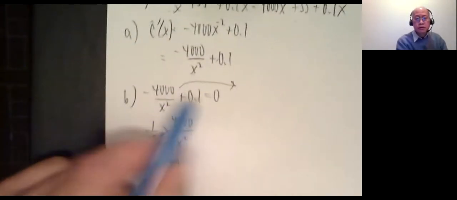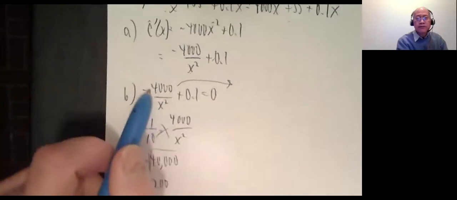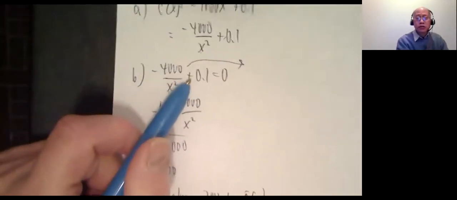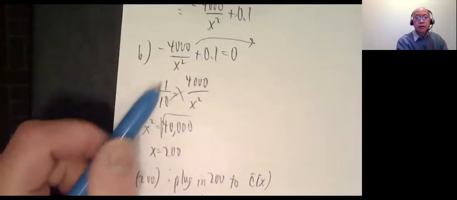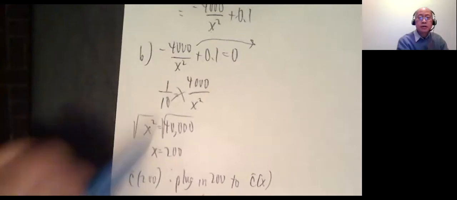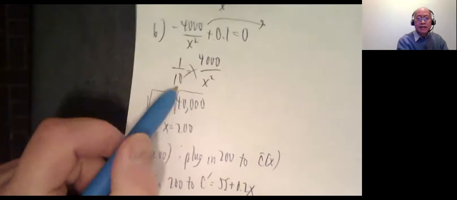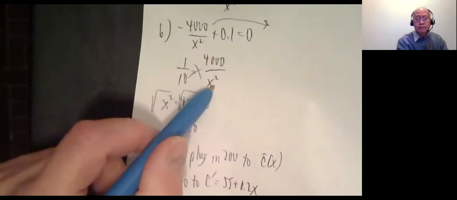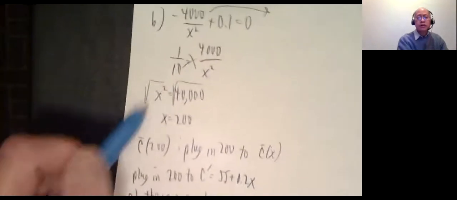Okay, when is this equal to 0? So set it equal to 0. Add 4,000 over x squared to both sides. Okay, I know that 0.1 is 1/10, just to make things easier on me. So I write it as 1/10 is 4,000 over x squared. I cross multiply, this times that equals that times that. X squared equals 40,000. Take the square root. X is 200.